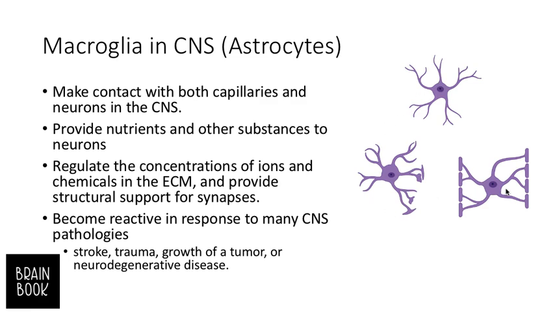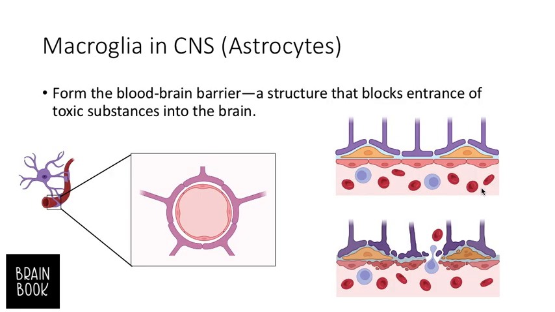And as you can see, these forms are all forms of astrocyte, and as their locations in the central nervous system are different, their forms will be different too.